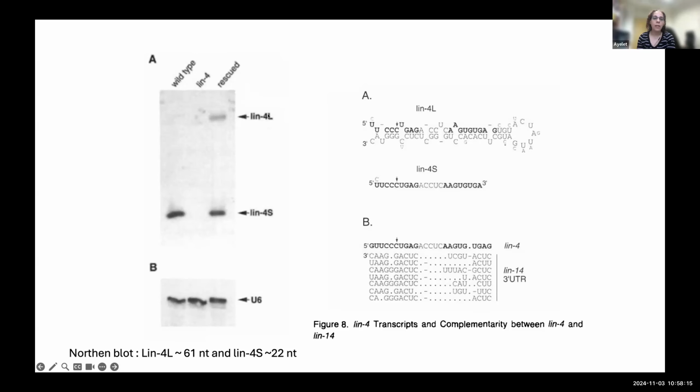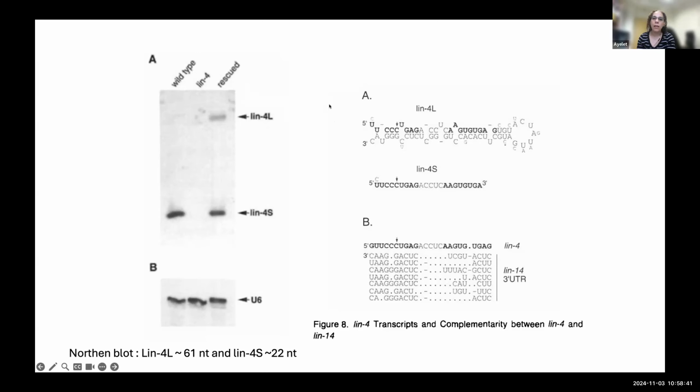And there's also a longer band, about 60 nucleotides, Lin4L long, but it's not very common, and they mainly see it in the rescue strain, probably because in the rescue strain Lin4 is overexpressed, so this is why they see it, but not in the wild type.